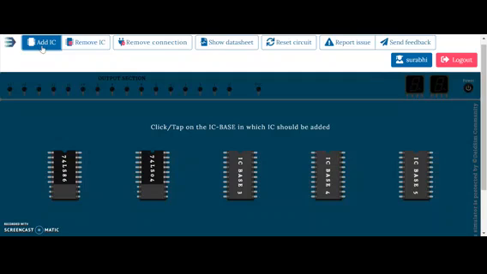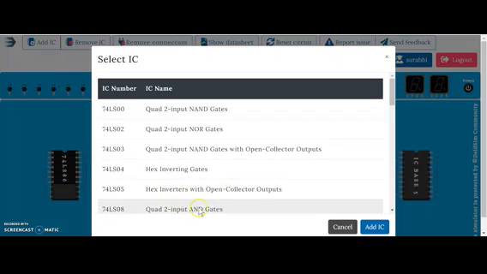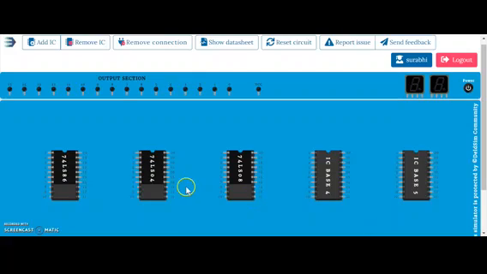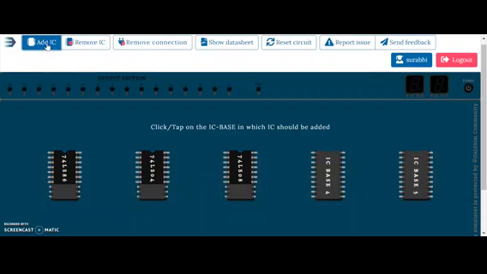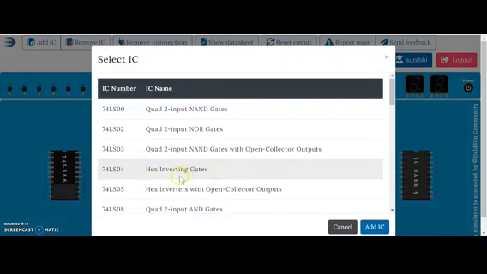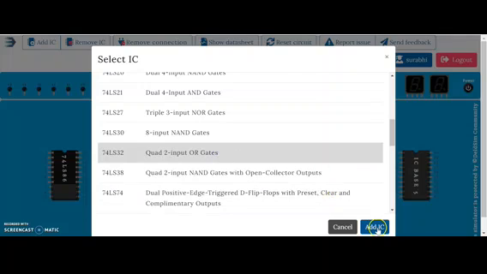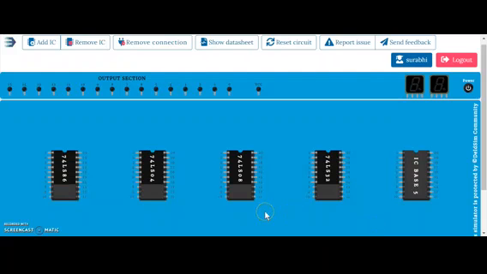Then third we will take the AND IC, 7408, AND IC, and the last IC we will require is the OR IC. So for OR we will take 7432. So this is the 7432 IC. So we have taken all 4 ICs here.